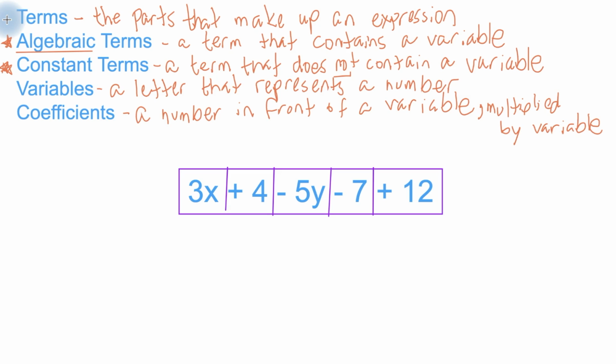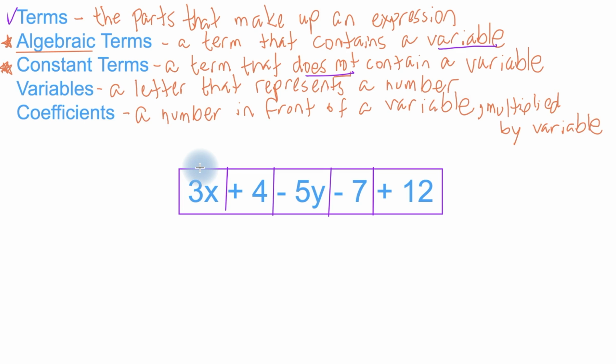Now we have to make sure we can specify which are algebraic terms and which are constant terms. So remember, the major difference between algebraic terms and constant terms is that algebraic terms contain a variable, and constant terms do not. So this one here is 3x. Do you see a variable in this term? Yes, because the variable here is x.